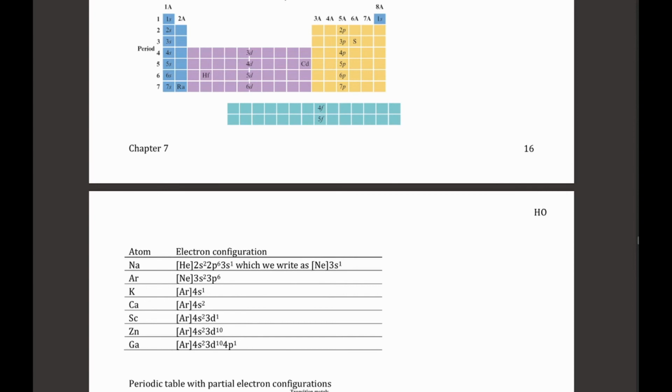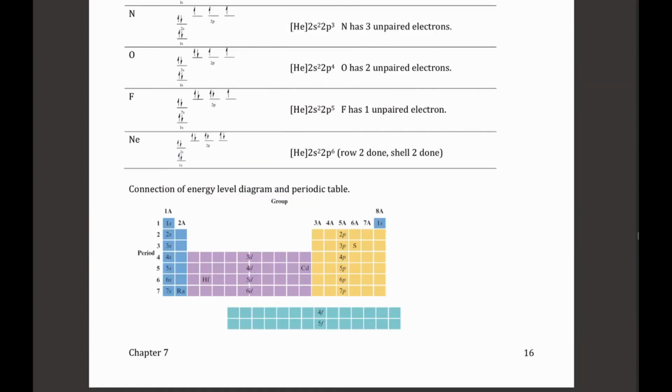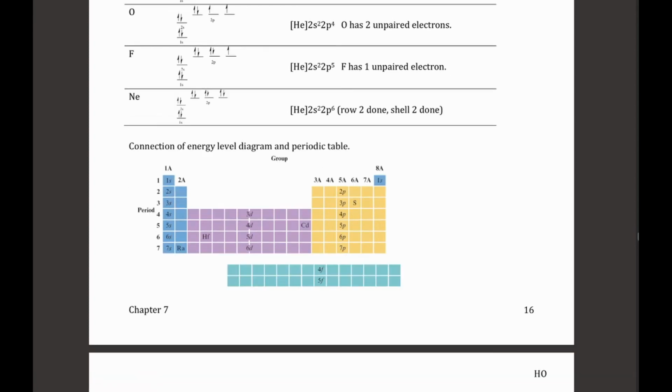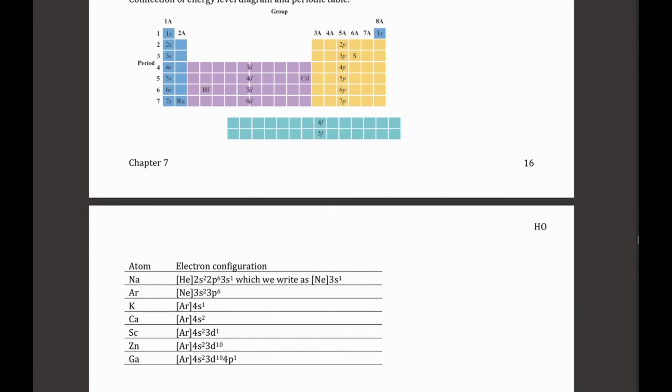Or if we went to neon, which is the one that we just finished above, here's neon, [He] 2s2, 2p6, and then we have sodium, [He] 2s2, 2p6, 3s1. Take the helium, the 2s2, the 2p6, that's neon, so we can replace all that with Ne in square brackets and then finish it off 3s1.